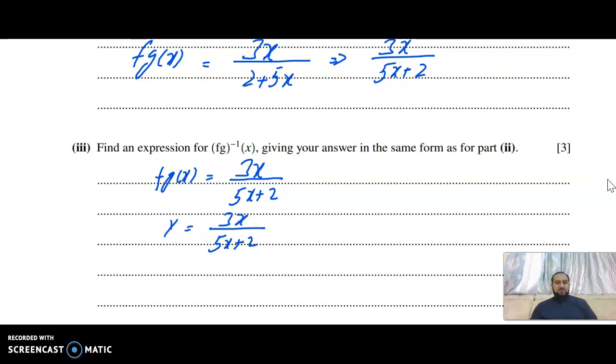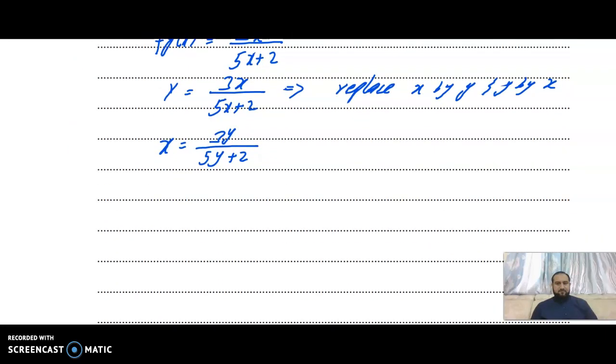Now from here, what we can do is replace x by y and y by x. That means x is equal to 3y over 5y plus 2.